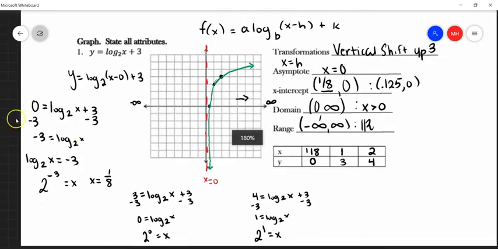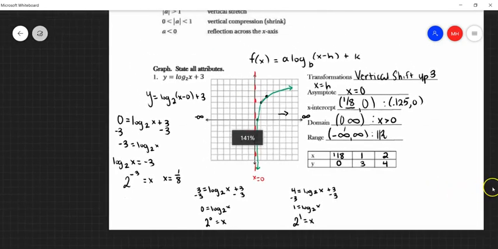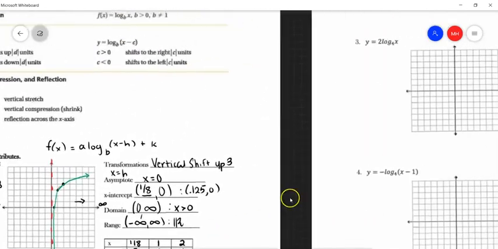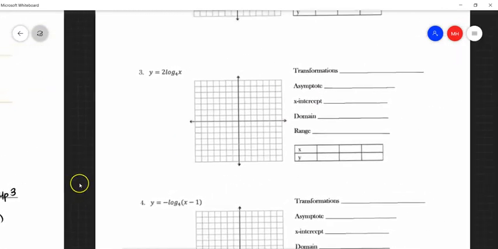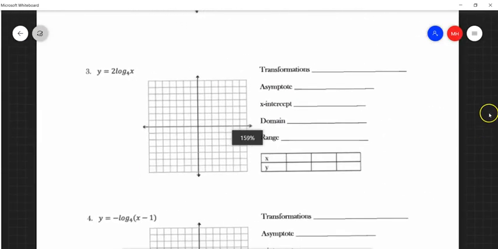So I've got my transformations, asymptote, intercept, domain, range. I've got a little chart and my graph. So we're going to do one more example, and you will have the other two to work on.